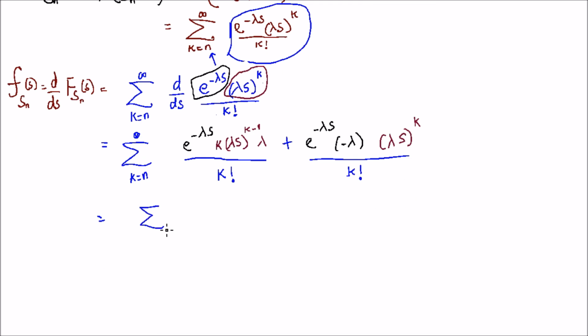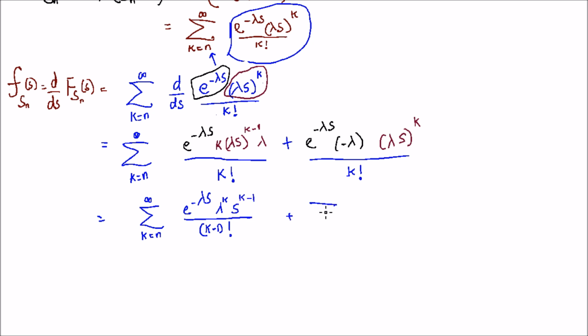Okay, so we have the sum k equals n to infinity of e to the negative lambda s, which is in both terms here. Notice there's a k in the numerator and a k factorial in the denominator. So we would have k minus 1 factorial in the denominator. Then lambda to the power of k minus 1 times lambda will give us lambda to the power of k. And we have s to the power of k minus 1.